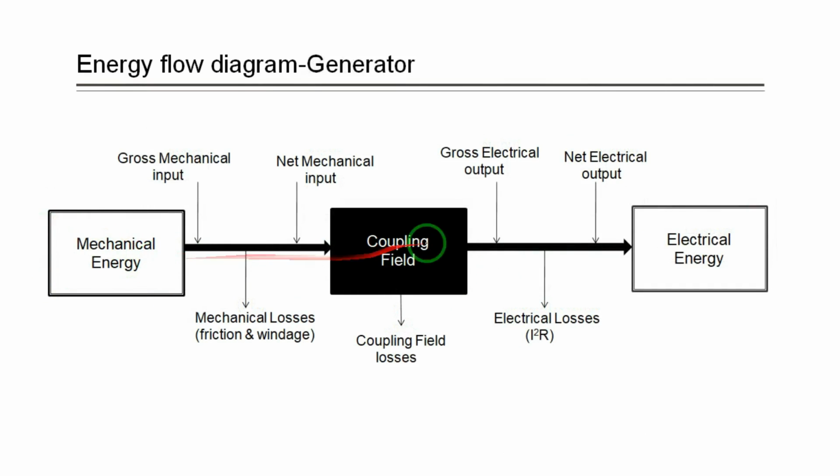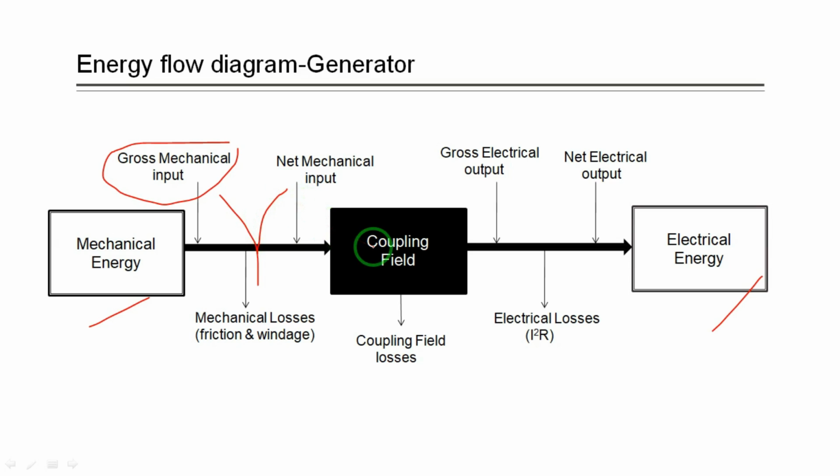Mechanical energy is the input, electrical energy is the output. When we give the mechanical energy to the generator, that is called gross input, and from this input there are some losses, and the resultant is called net input.